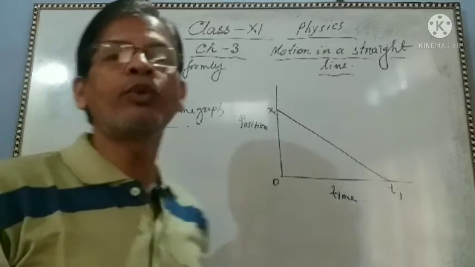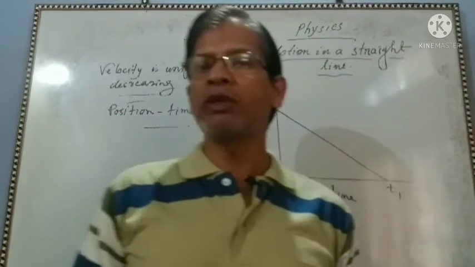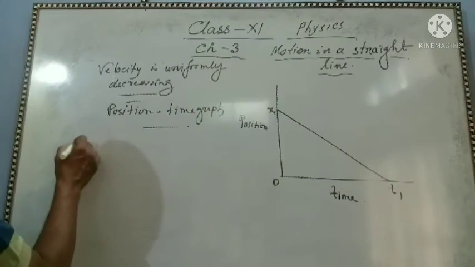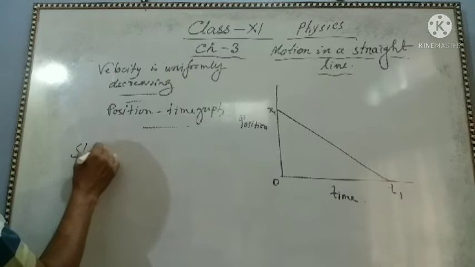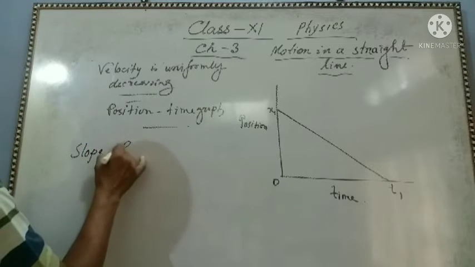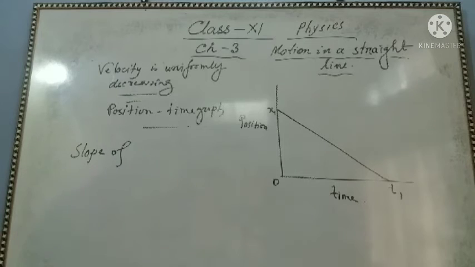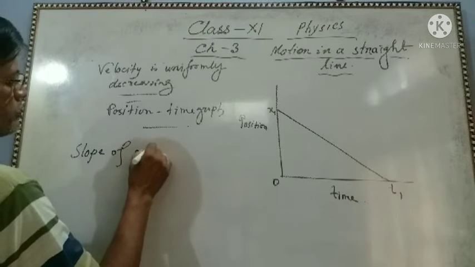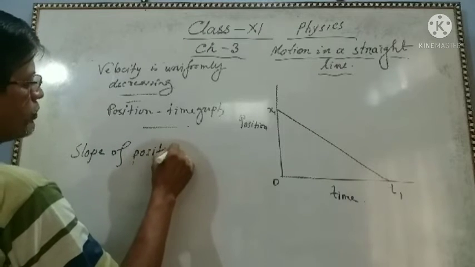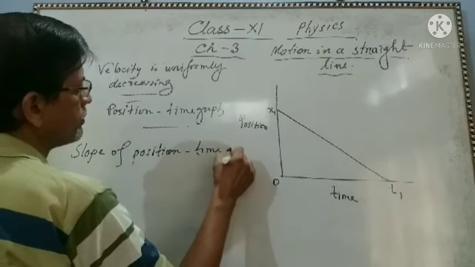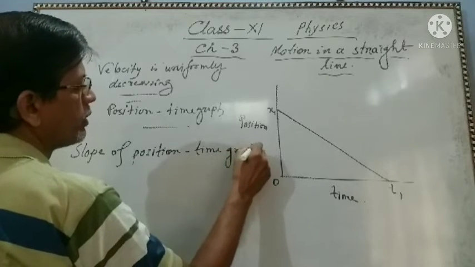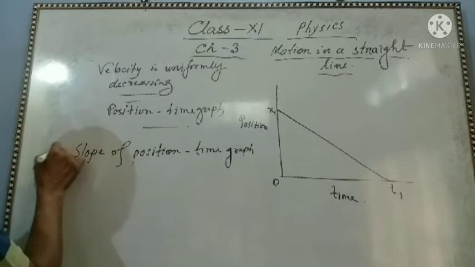Now what is the slope of the position time graph? This is a very important line.